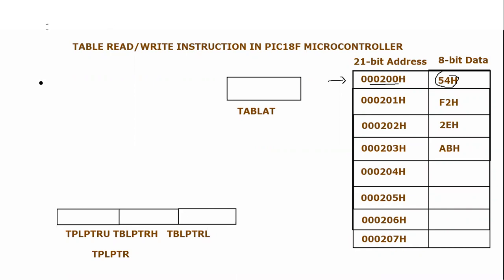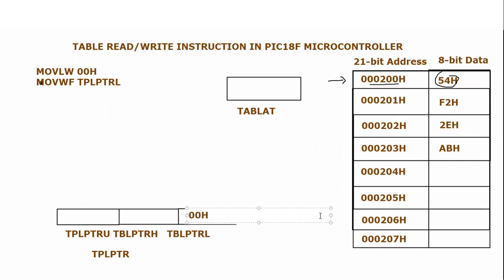So what I will do is use some instructions. Let's say move literal to working, the very first 00 hex, and it will be stored with move working to file in TBLPTRL, that means table pointer lower. So what will happen? This 00 will go in this register, so this content will become 00 hex.